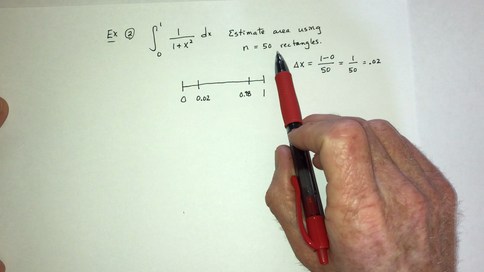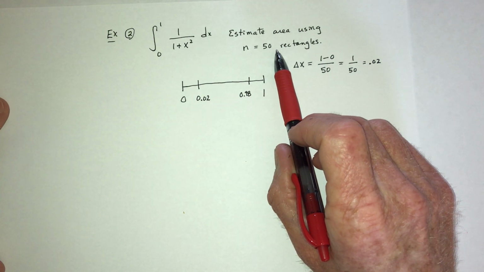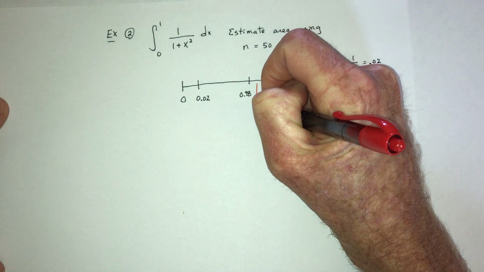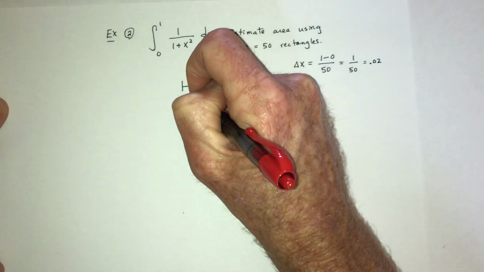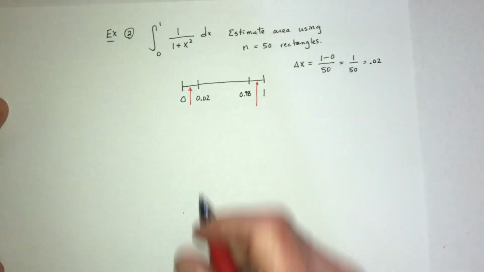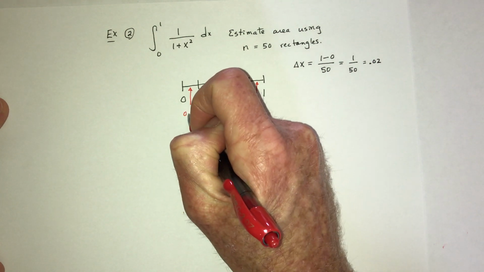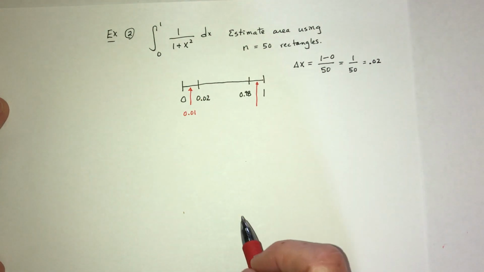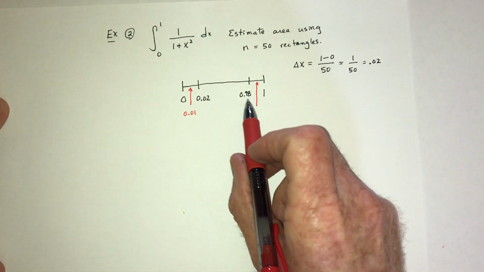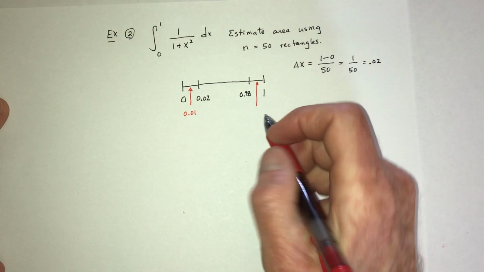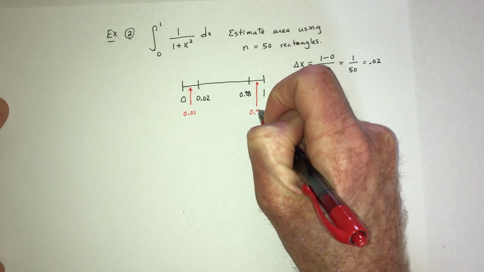And I forgot to say midpoint, but I prefer to use midpoints. So what are the midpoints? For this one, you cut this in half, and the midpoint is going to be 0.01. Right in between a 0.98 and a 1.0, that's going to be 0.99.